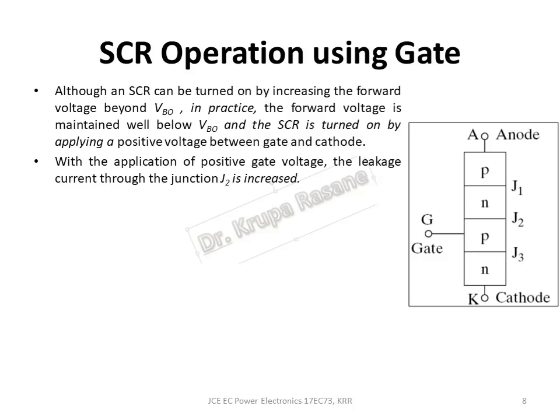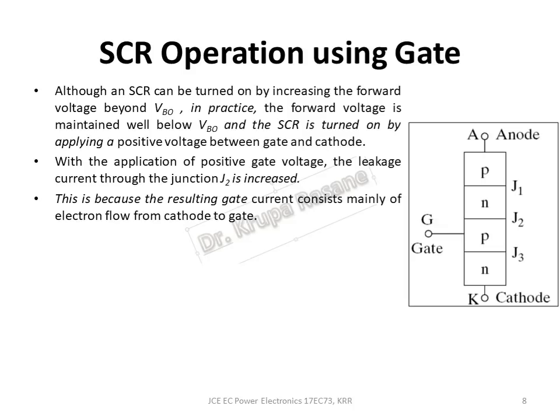So what happens is I am going to apply a positive gate current here, and this reverse biased junction, because of this positive voltage, will push the holes towards this and increase the current through junction J2 further.